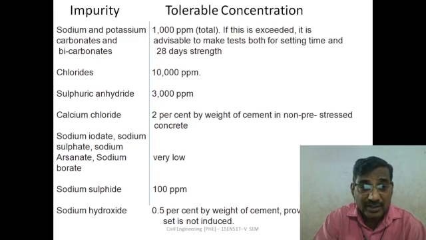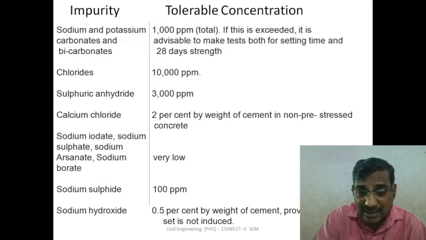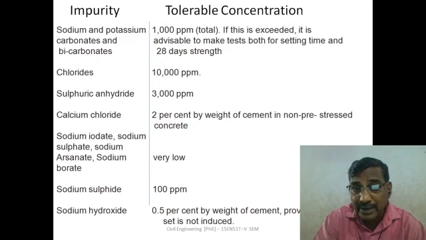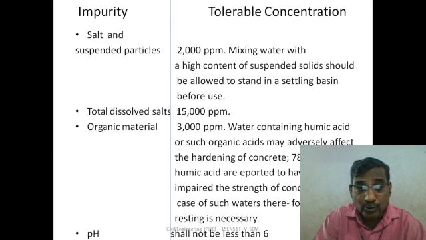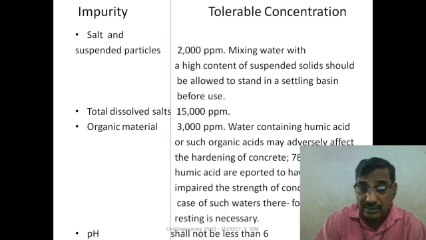Chlorides, sulfuric anhydrides, calcium chloride, sodium iodate, sodium sulfate, sodium arsenate, sodium borate should be very low, less than 1 to 10%. Sodium sulfide is 100 ppm, parts per million. Sodium hydroxide 0.5% by weight. And the water should be free from salt, sugar, dissolved materials and organic materials, and its pH value should be less than 6.